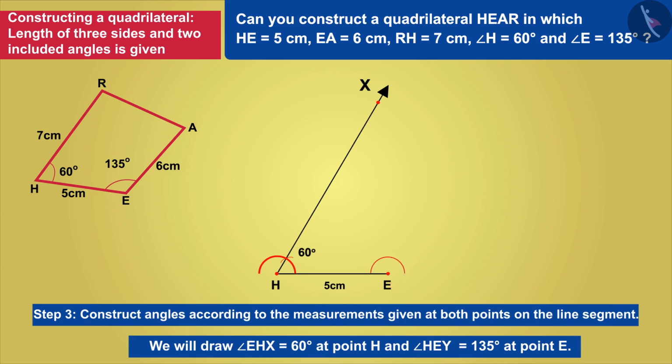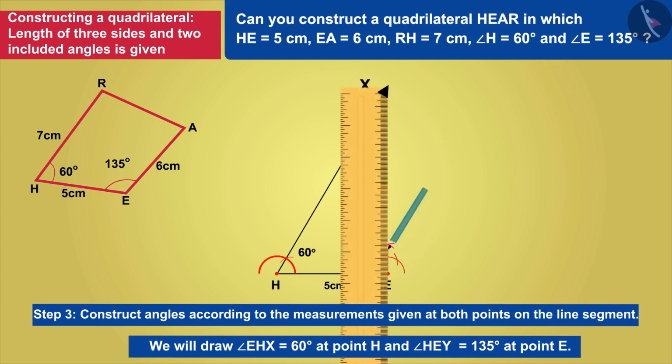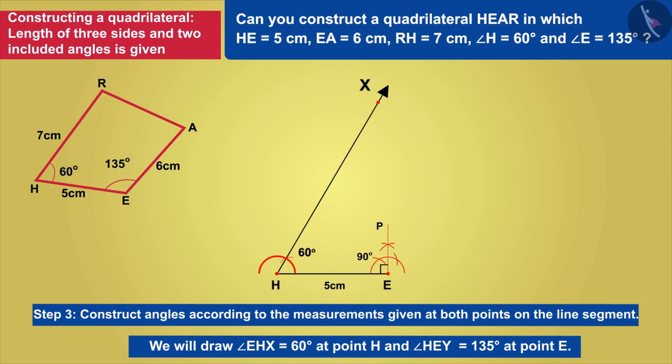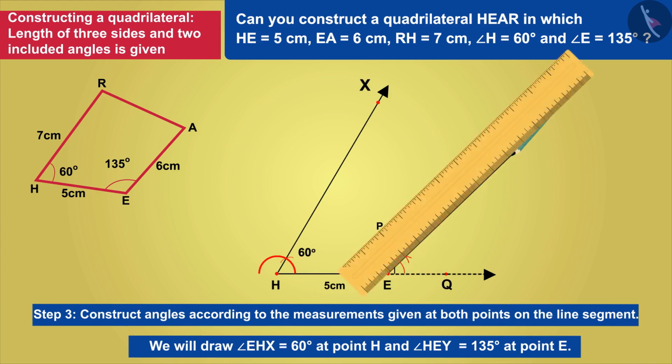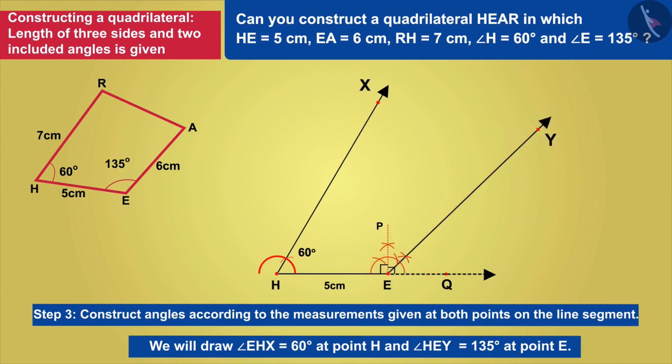Let us make an angle of 90 degrees PEH at point E. Extending the line segment HE up to point Q, we can see that the angle PEQ is also equal to 90 degrees. We bisect the angle PEQ so that we get the angle PEY equal to 45 degrees.